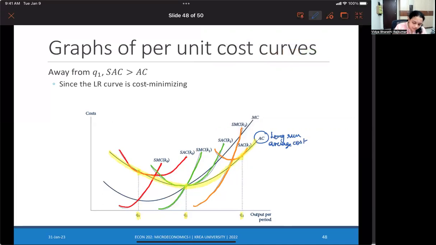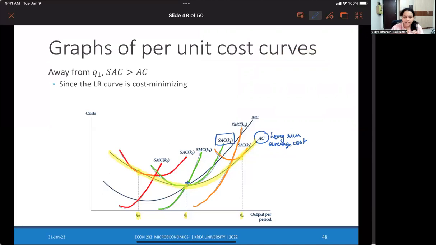And you'll notice that at just this point, the long-run average cost curve is at its minimum. And that also happens to be the lowest point in the average cost curve associated with K1 levels of capital.